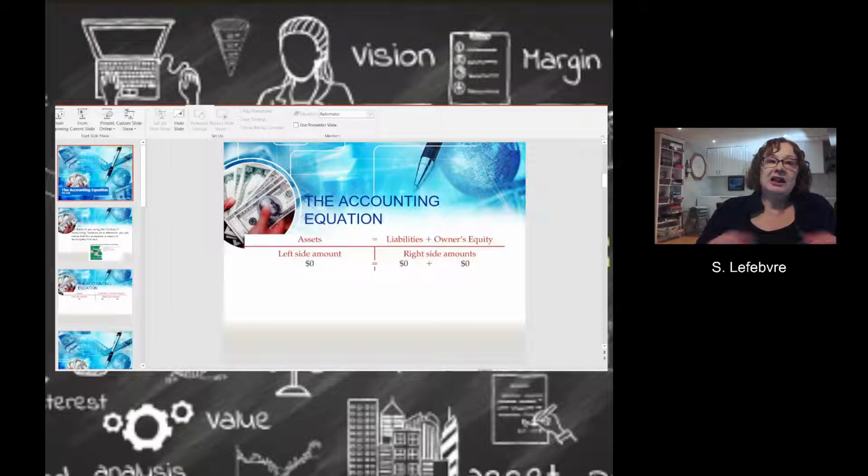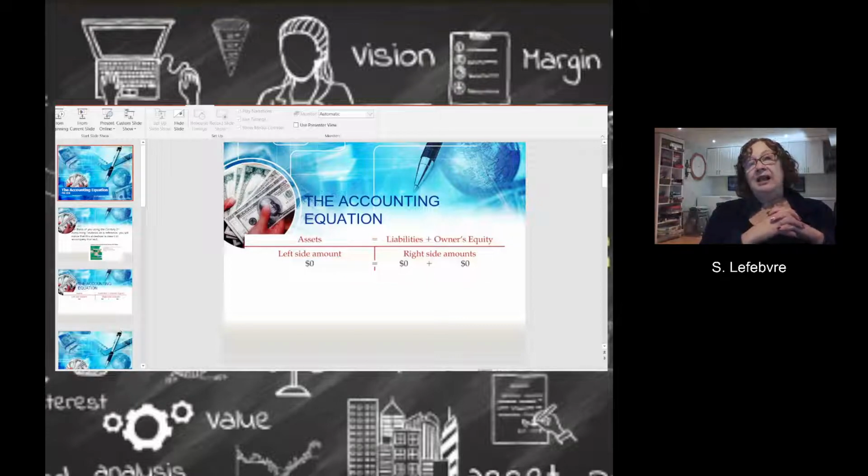So when we looked at the balance sheet, we really focused on left equaling right. And the accounting equation is really going to focus on that concept. So we saw how assets on the left were equal to liabilities and owner's equity on the right.